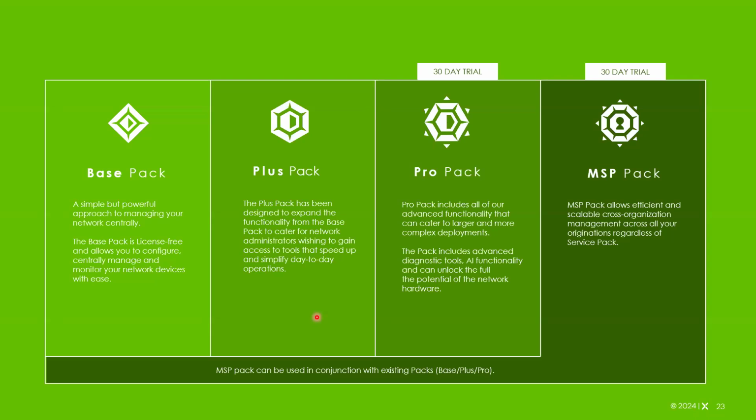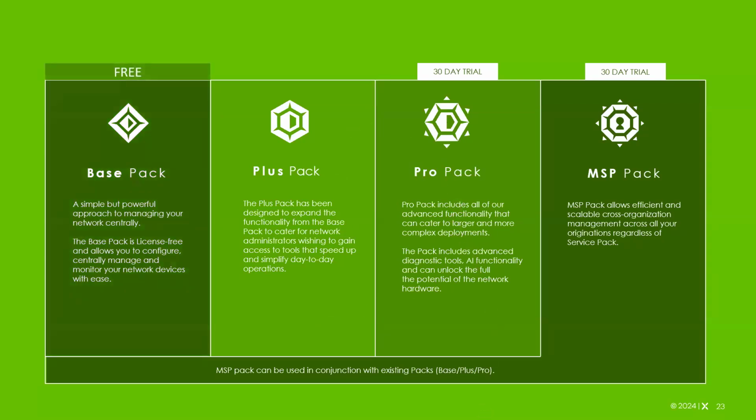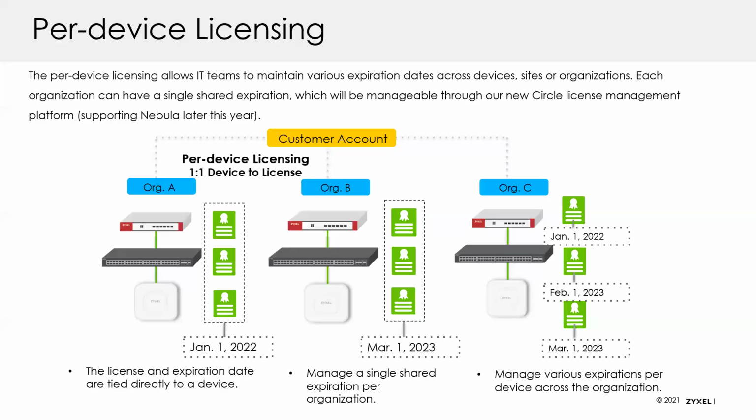So we wanted to create something that goes up against those. So it's basically unlocking some additional logging, just not as much as in Pro, giving you access to email alerts, things like that. So for Plus and Pro Pack, these are licenses that are applied on a per device basis.